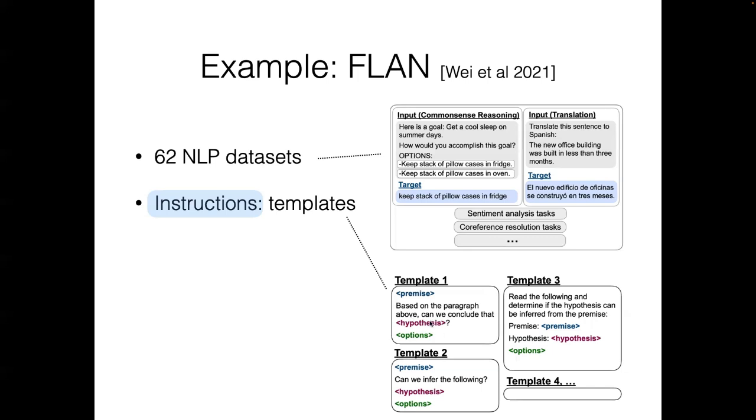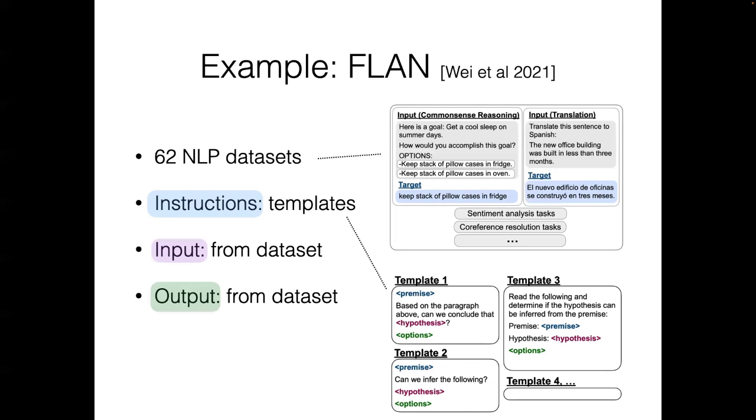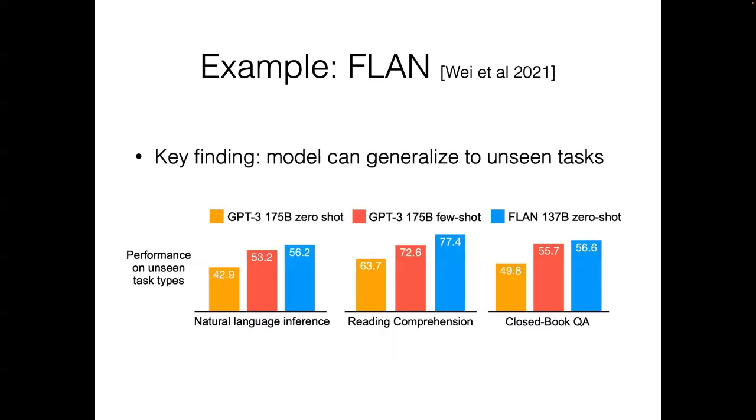These are task specific, but for this task, they came up with four different ways of having an instruction for the task. And their inputs and outputs are just taken from the data sets. So this was the basic idea behind this method called FLAN. I forgot what it stands for, but maybe someone can look it up.